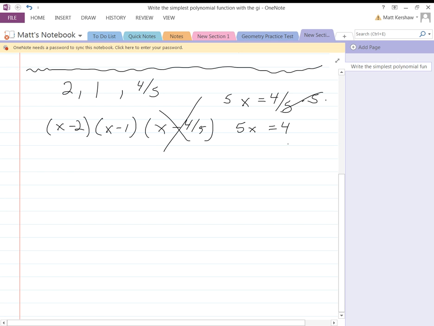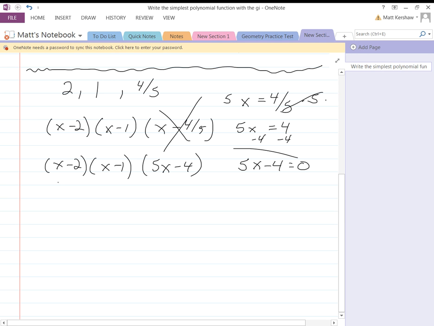And remember, we're looking for the x-intercept, so we want it to equal 0. If I subtract 4 from both sides, I get 5x minus 4 equals 0. So 4/5, if I plug that in, that's still going to give me the 0 that I want. So that's going to be an easier thing to multiply. So we're going to use x minus 2, x minus 1, and now 5x minus 4.